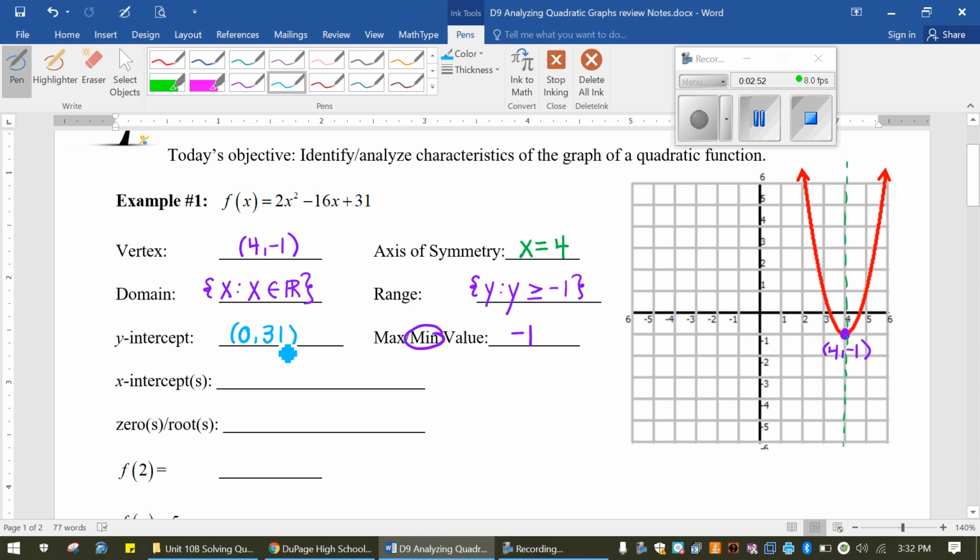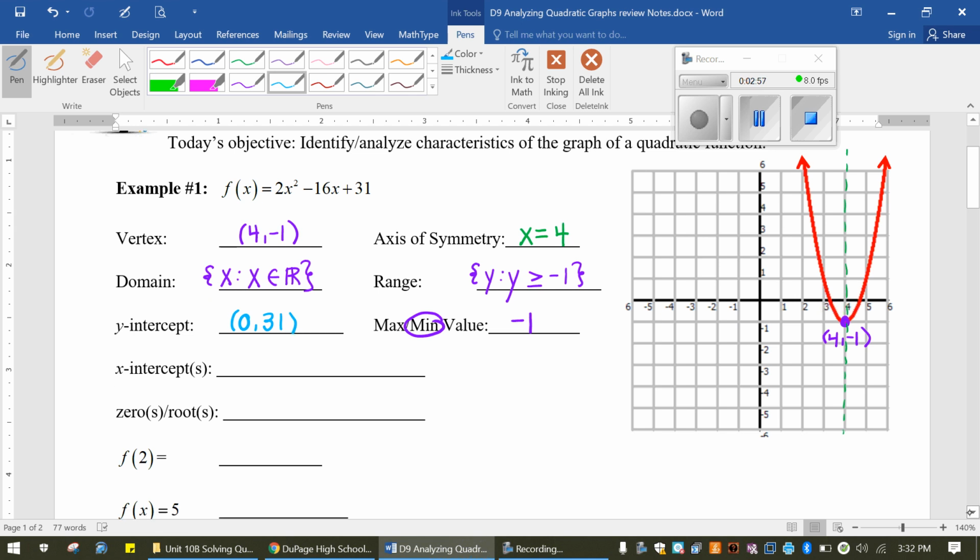Okay, another quick thing we can do for substituting in is this f of 2. f of 2 means that we're substituting in a 2. So 2 times 2 squared minus 16 times 2 plus 31.